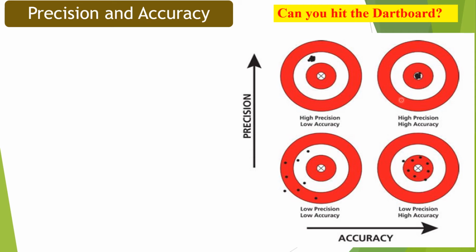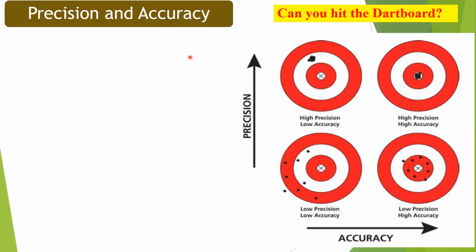So there is high accuracy and high precision in this experiment. So moving from left to right, accuracy is increasing. And when we move upward on the y-axis, precision is increasing.